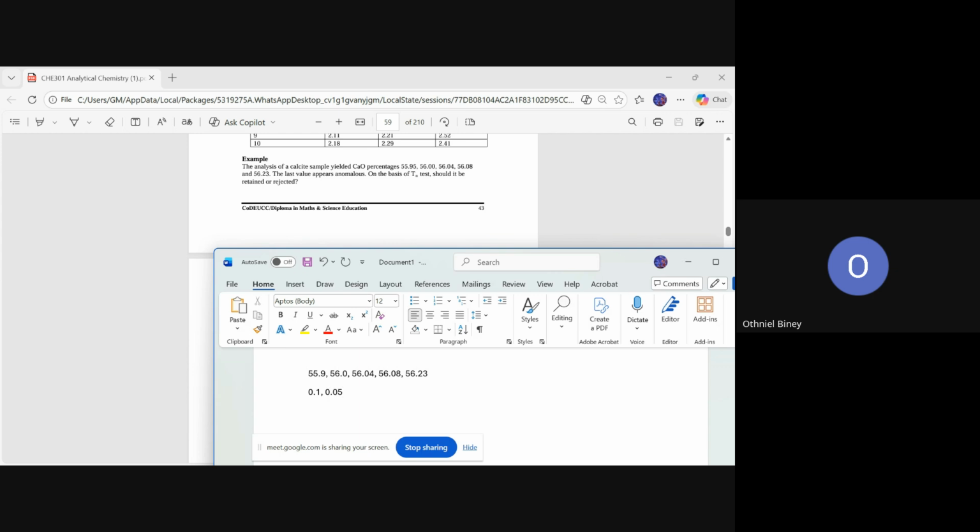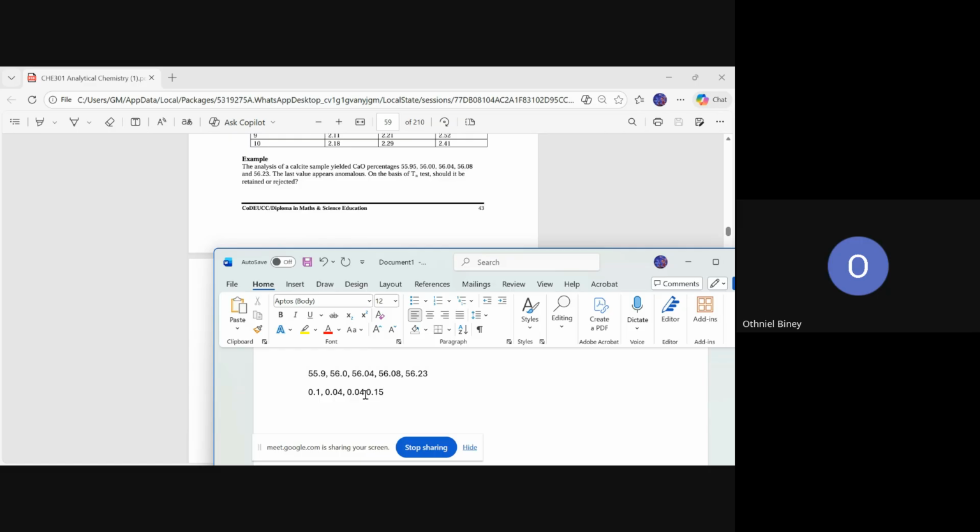Jot that down. Then the difference between 56.08 and 56.04 is also 0.04. Then the difference between 56.23 and 56.08 is 0.15, right?